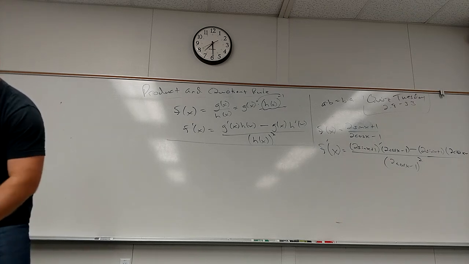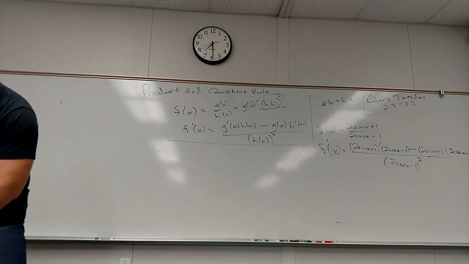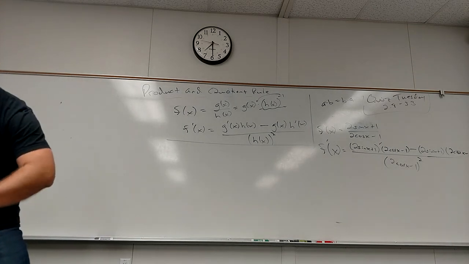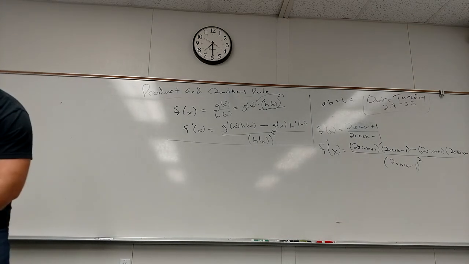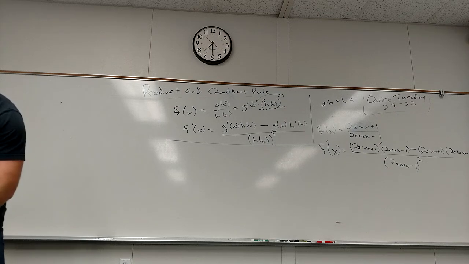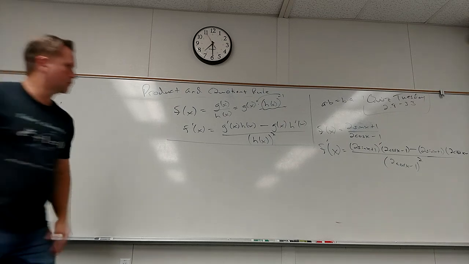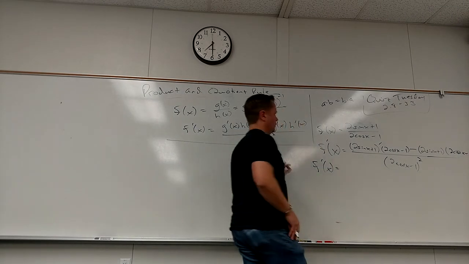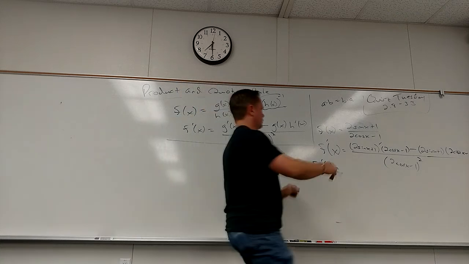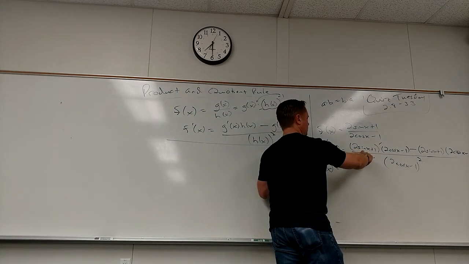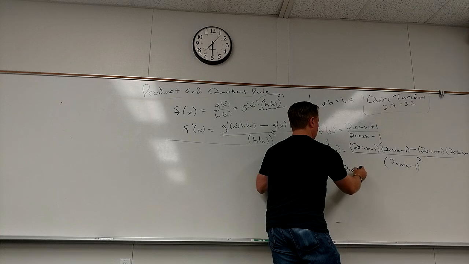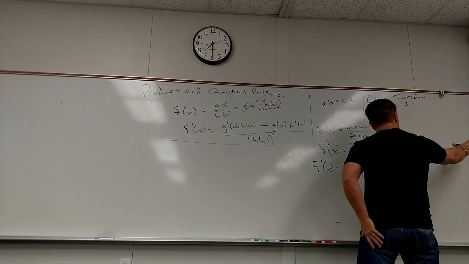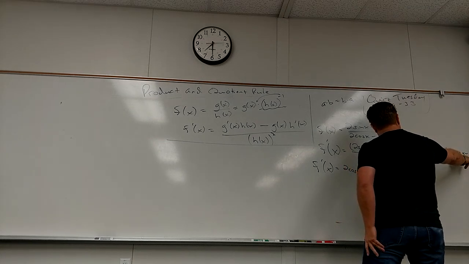All right, let's see. So what do we get? We get 2 cosine x times 2 cos x minus 1 minus, well, that's going to become something interesting, because what is the derivative of this?